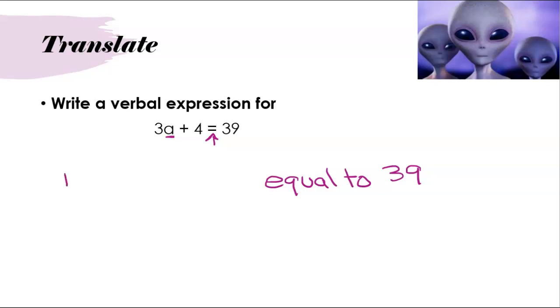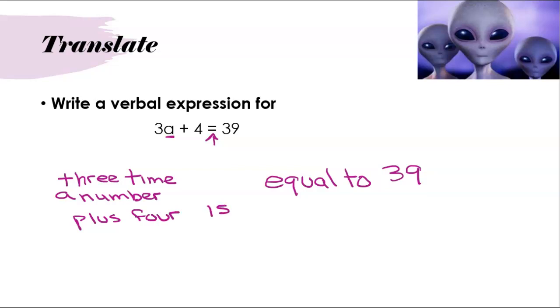So we could say 3 times a number. Now what's another word for adding? Well, we could say plus 4. We're going to write the word out. 4 is equal to 39.